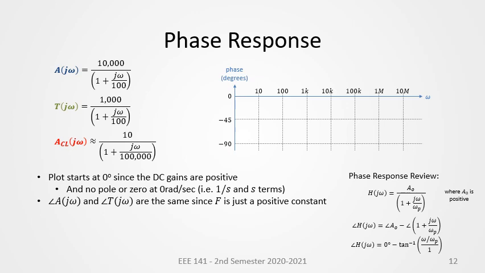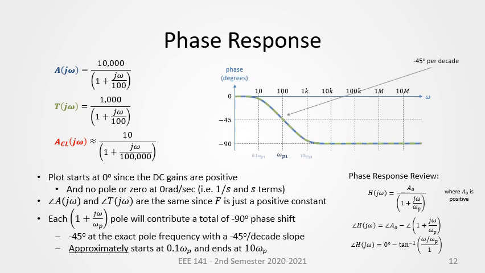Each 1 plus j omega over omega p pole term will contribute a total of negative 90 degrees phase shift, with a negative 45 degree shift happening exactly at the pole frequency, and the phase change having a minus 45 degree per decade slope. This slope starts approximately at 0.1 omega p and ends at 10 times omega p.